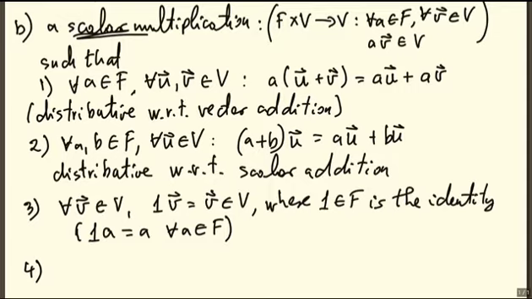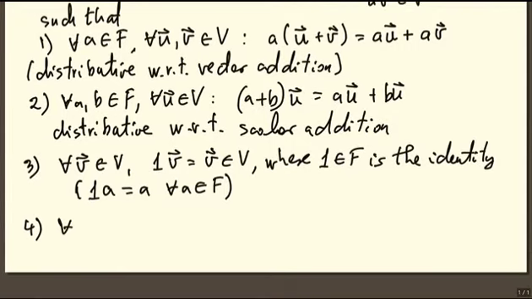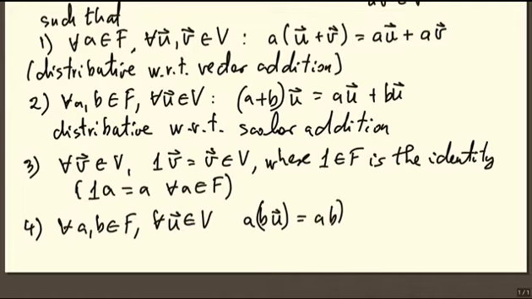Property 4, for all a, b elements of the field and for all u vector element of the vector space, what we have is a times (b u) equals (ab) times u.